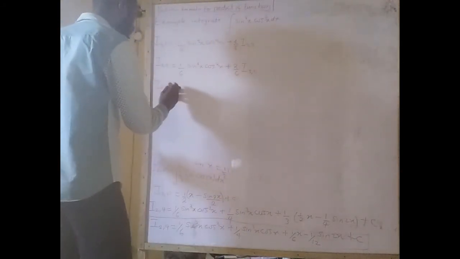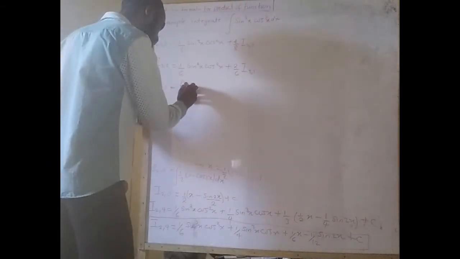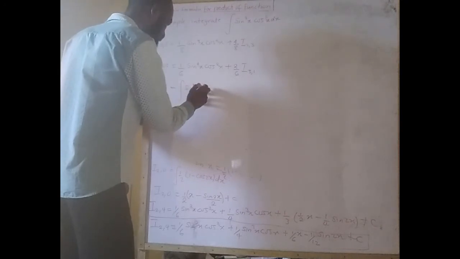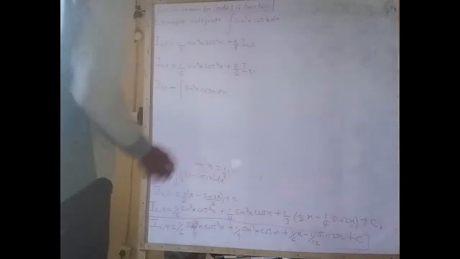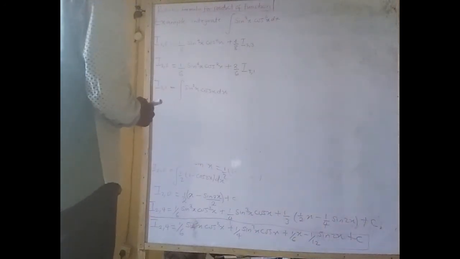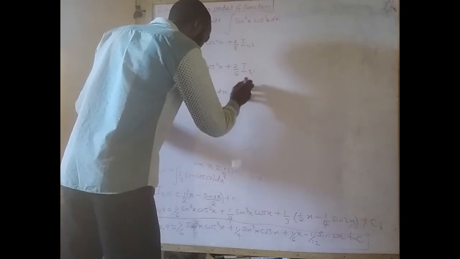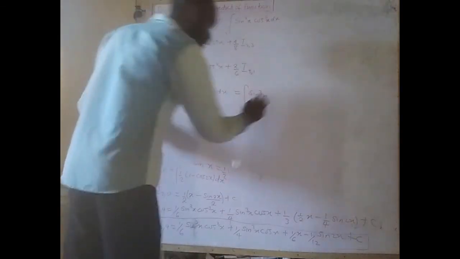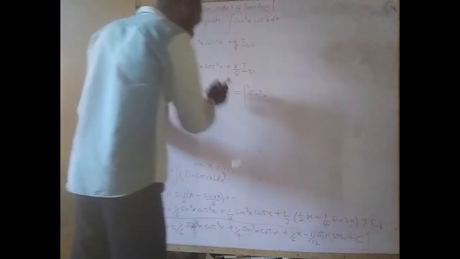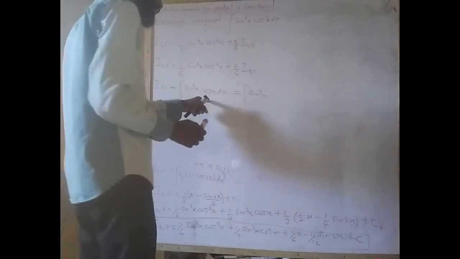If I transform I 3 comma 1 back to integration, this was an integral of sine 3x cos x dx. And if I apply my integration law, I know that this integration can also be written as integral sine 3x. If I differentiate cos, I'm going to have minus sine.